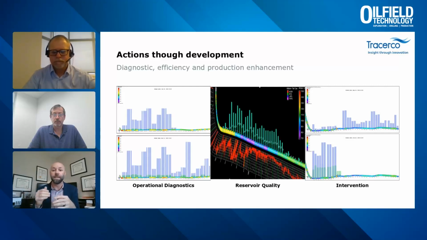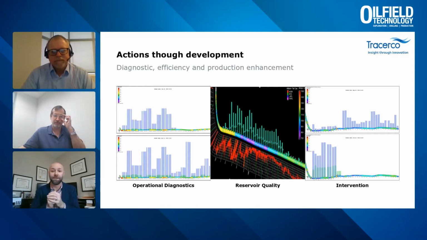So we can give you a really solid tool to evaluate many different things that are happening, because we all know, as much as we would all like to fix every variable except for one, so we can learn something from the scientific method, that's not the way that the rocks and the geology works, right? And completions and everything that goes into that. So we're able to look at reservoir quality.